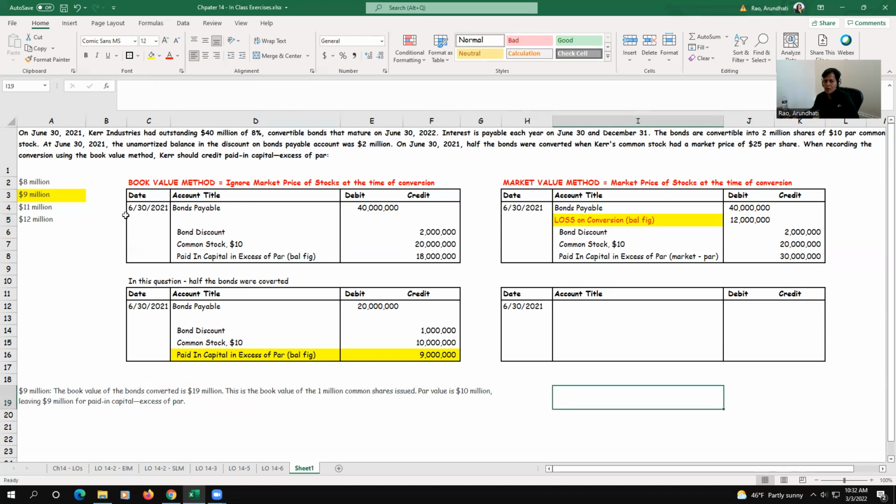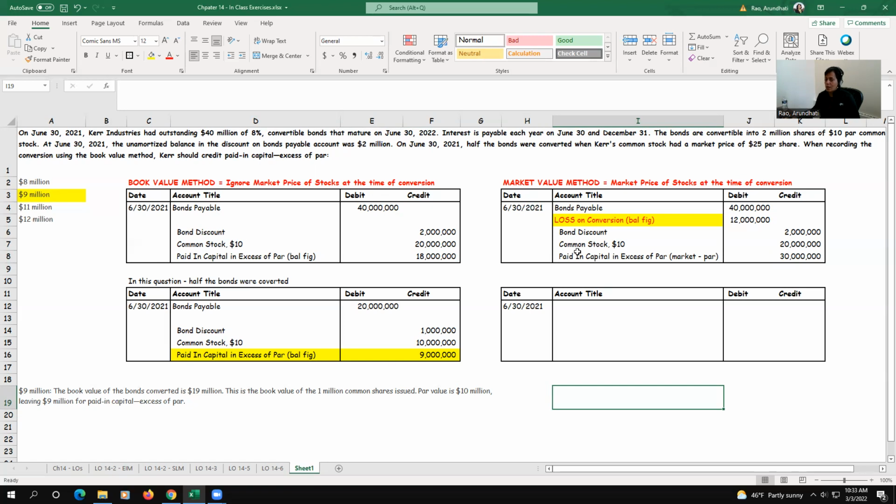Here we did not have a gain or loss. In the book value method, we're not going to recognize gain or loss. You're exchanging debt for equity. On the balance sheet, you have assets, liabilities plus owner's equity. The liabilities are basically your debt financing, and stocks are equity financing. So you're changing debt financing for equity financing. It's just a swap. In the book value method, we just move numbers from one account to another and ignore the market value.